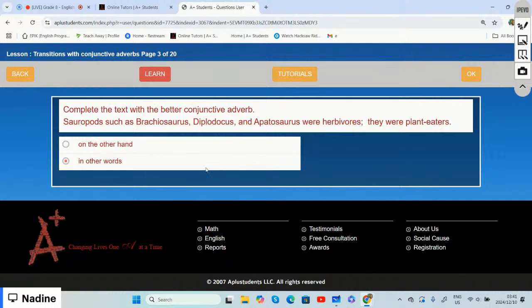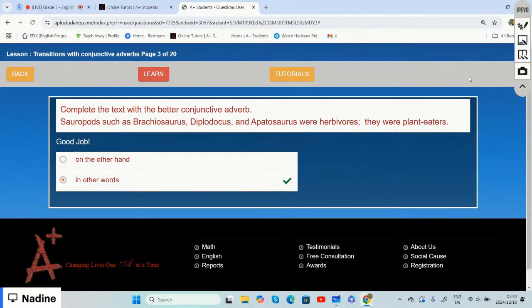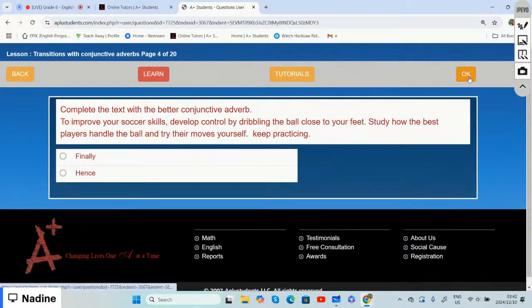So we already made mention of all these dinosaurs and so on that are herbivores. So which means that now we're going to say in other words, meaning it's like saying meaning they are plant eaters. All right, well done. In other words, are correct.